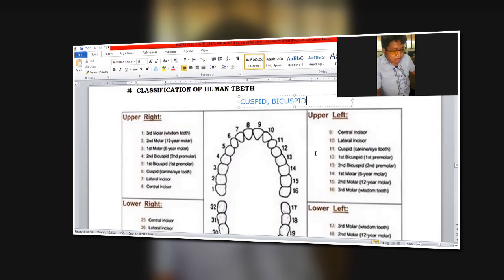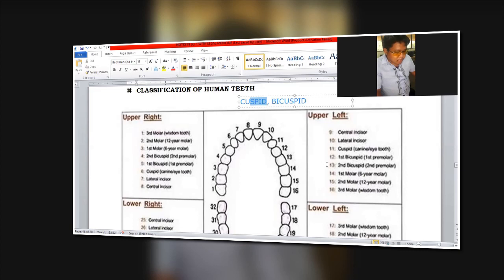Number 11 is canine, that is the cuspid, or canine tooth. Then tooth number 12 is upper left first bicuspid. Yan ang spelling niya. Cuspid yung isa, yan ang canine.